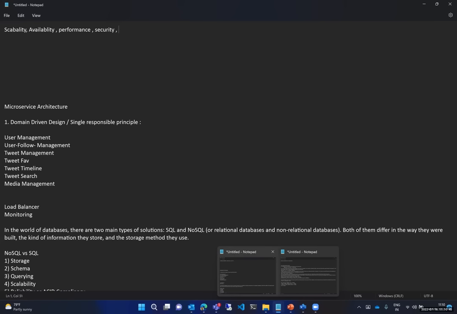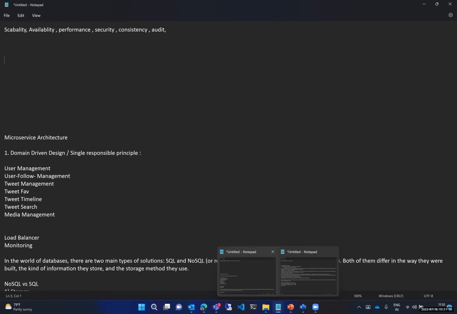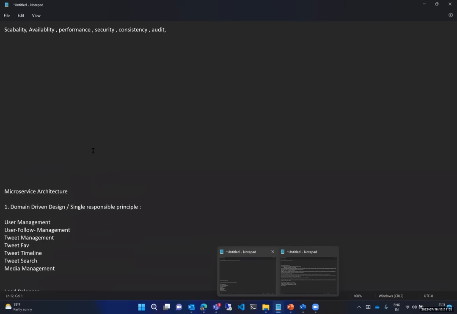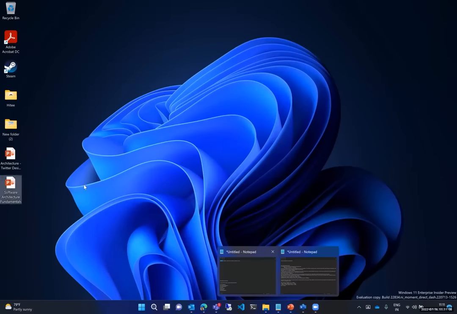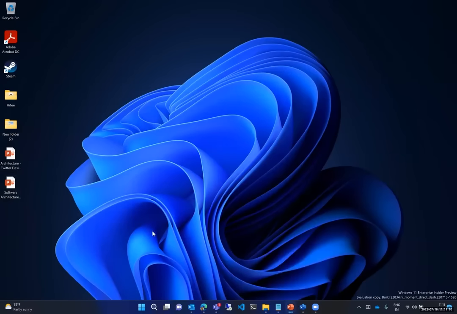And also consistency, and also auditability: which tweet, who is the owner of this tweet, who has created this tweet. All those things need to be taken care of. So I'm thinking about scalability now, one of the important non-functional characteristics we have identified.